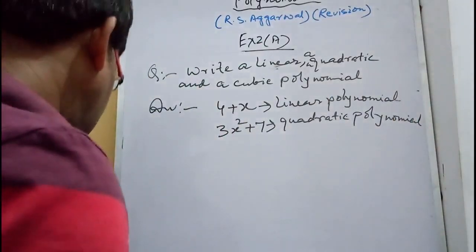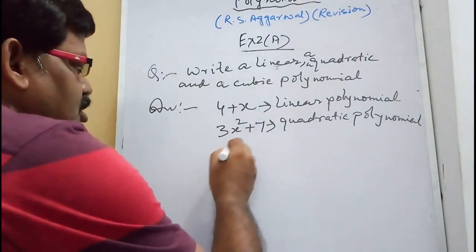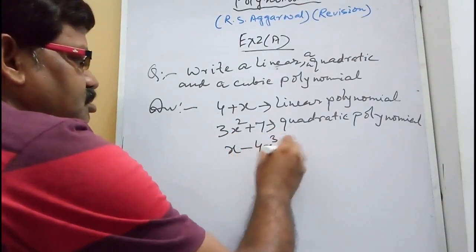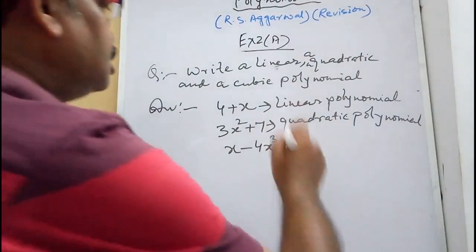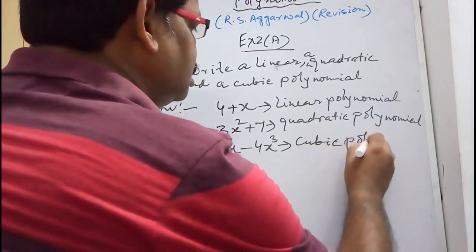And last one, cubic polynomial, its maximum power is 3. So x minus 4x cube, maximum power is 3, so it becomes cubic polynomial.